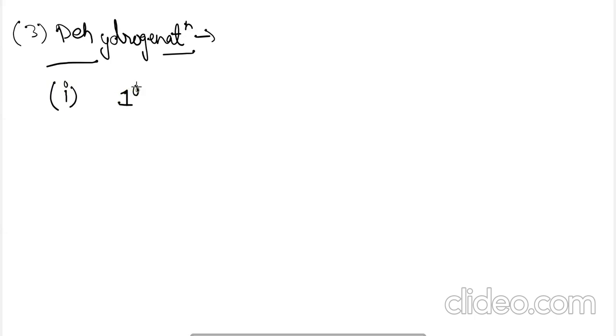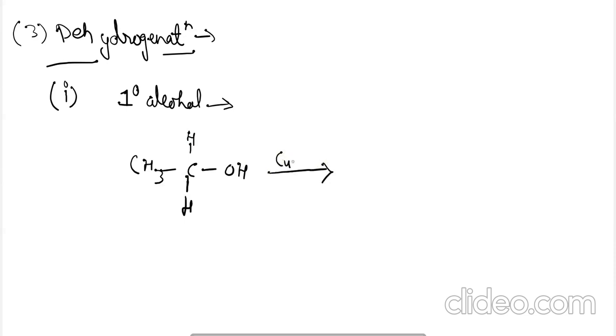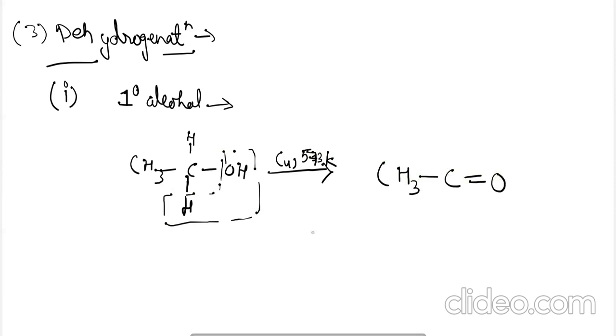In the case of primary alcohols, the dehydrogenation reaction takes place when the vapors of alcohol are passed over heated copper at 573 Kelvin. The formation of CH3CHO takes place.